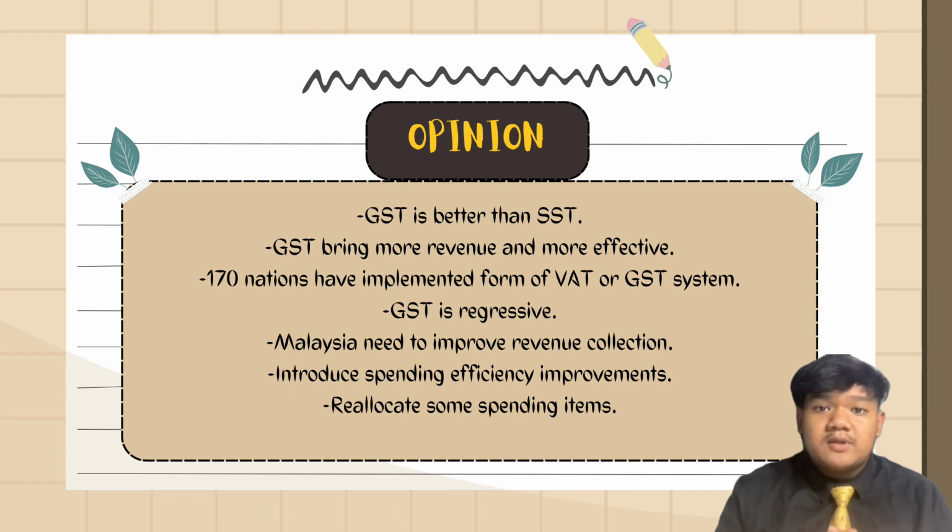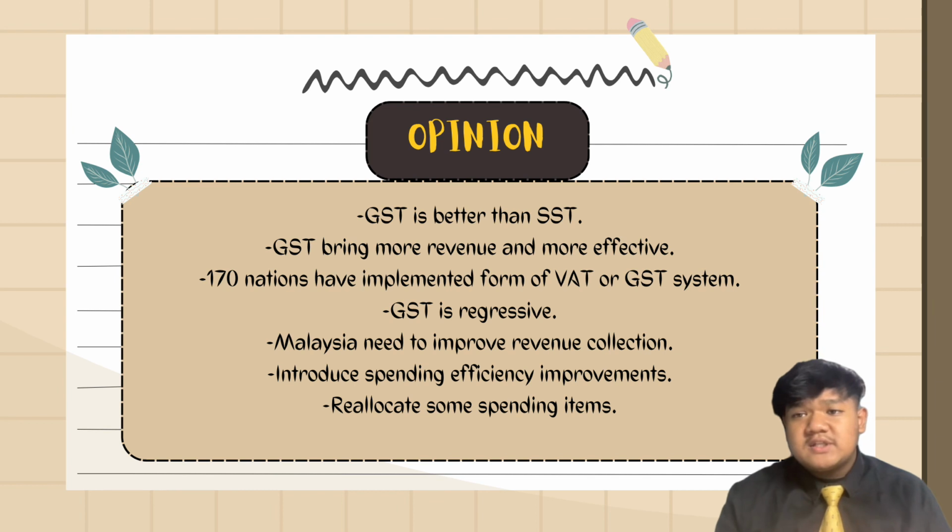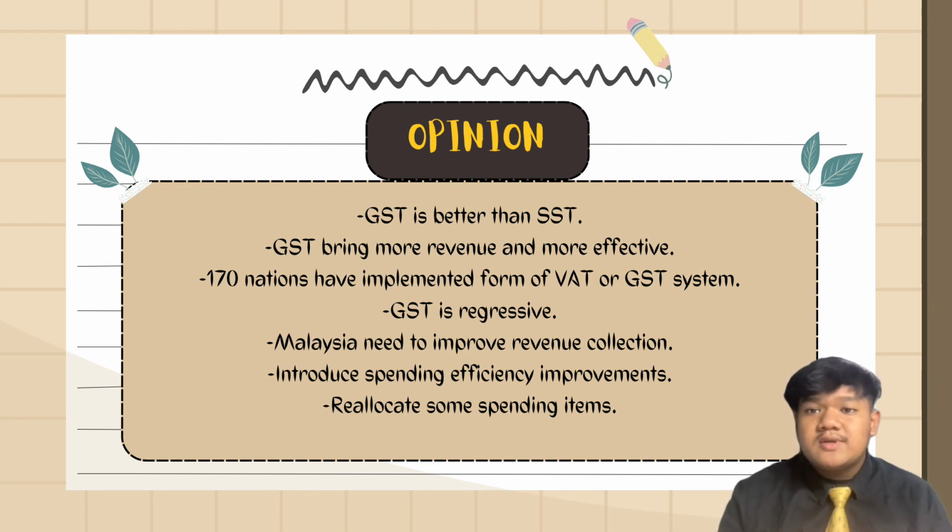It is important to introduce spending efficiency improvements in addition to the strategies to increase income. It may be necessary to reallocate some spending items to achieve spending efficiency in social areas like education. Furthermore, more efficient targeting of social safety net service could increase spending effectiveness.